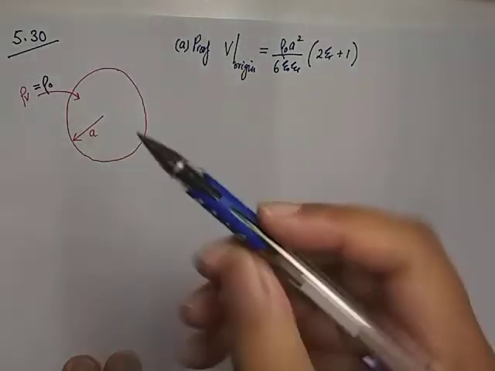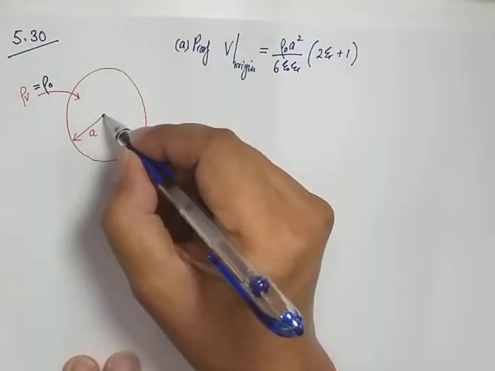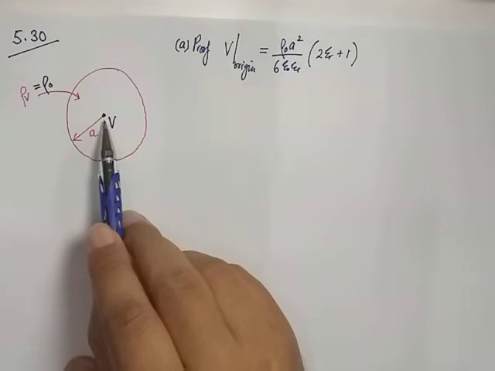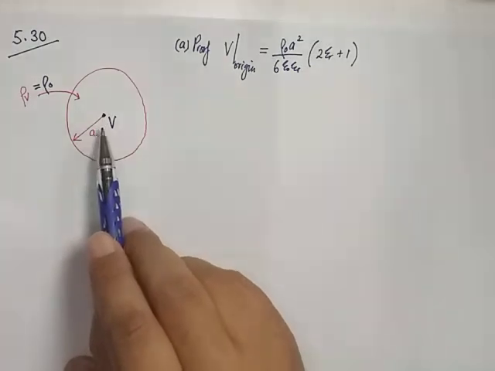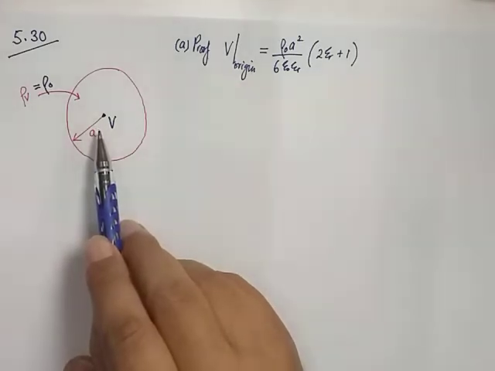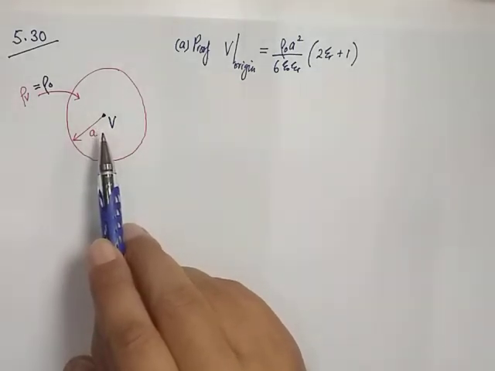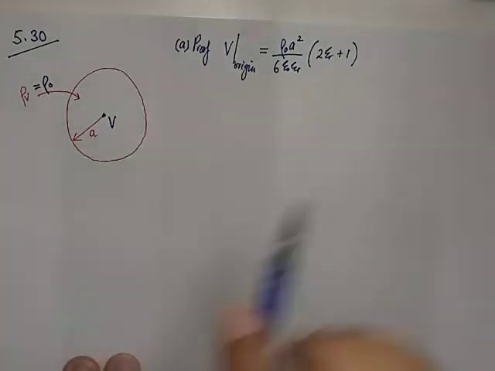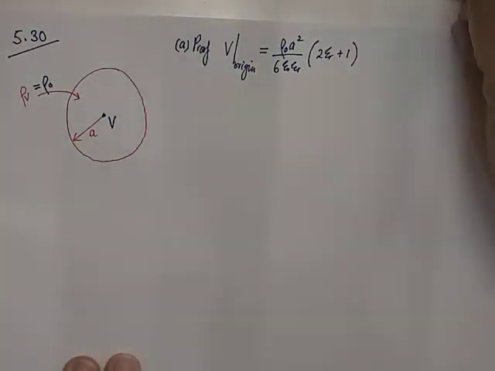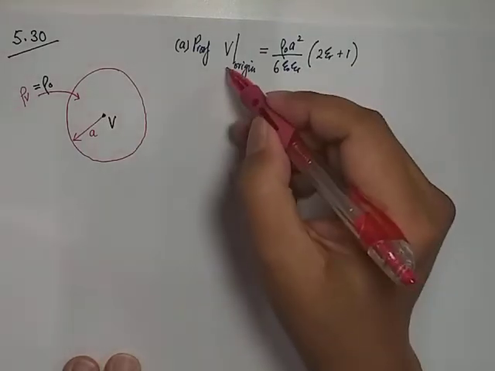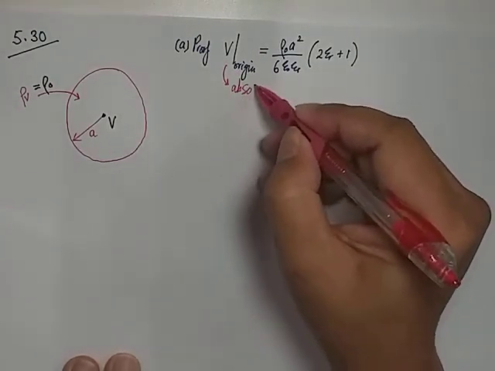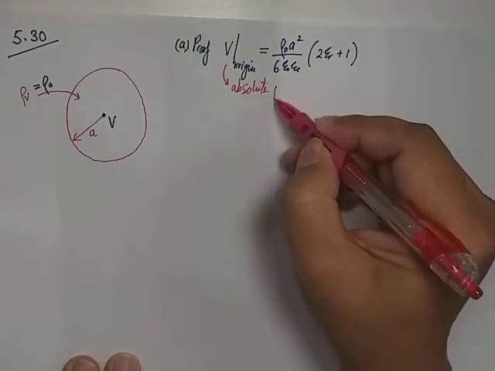So this is our origin. Since the point here is only one point, I'm going to state that this V is defined as absolute potential.